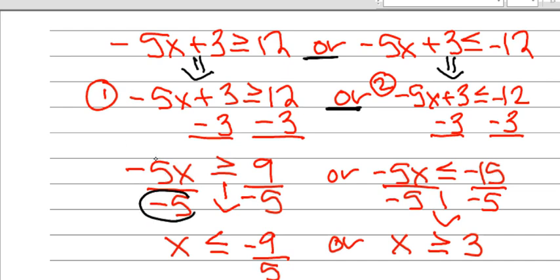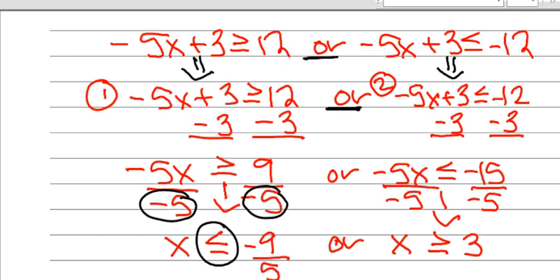Since I'm dividing both sides by negative 5, that means I need to change my inequality sign, because whenever I divide by a negative number, the inequality sign flips. So it was greater than or equal to, now it becomes less than or equal to.